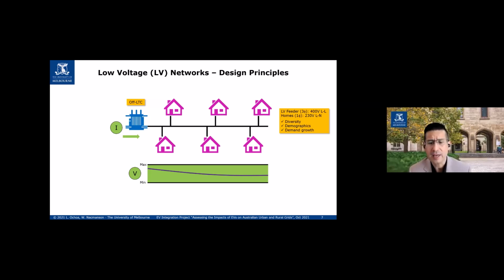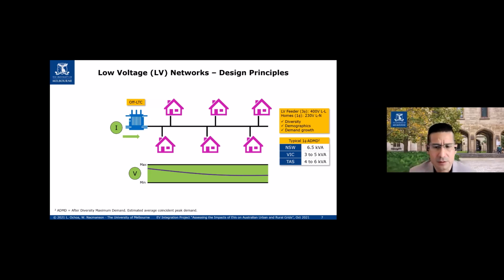This is done everywhere in the world, all right, with different values, with different considerations, of course, but we end up with what we call ADMDs, which is an after diversity maximum demand, which is also, in simple terms, an estimated average coincident peak demand. And we use these values to design these networks, which then determines the size of the conductors and the size of the transformers and everything, for us to be able to cope with electricity demand, particularly during the peak, all right?